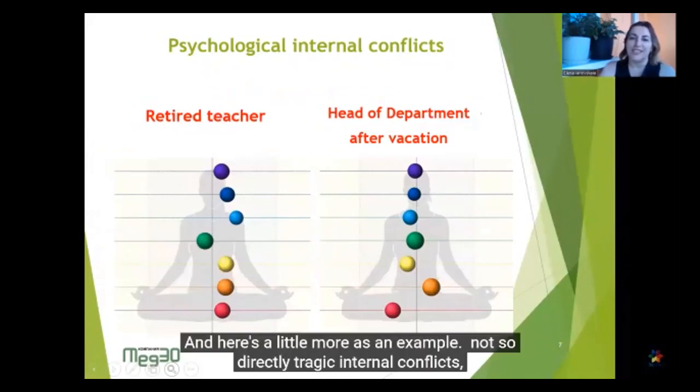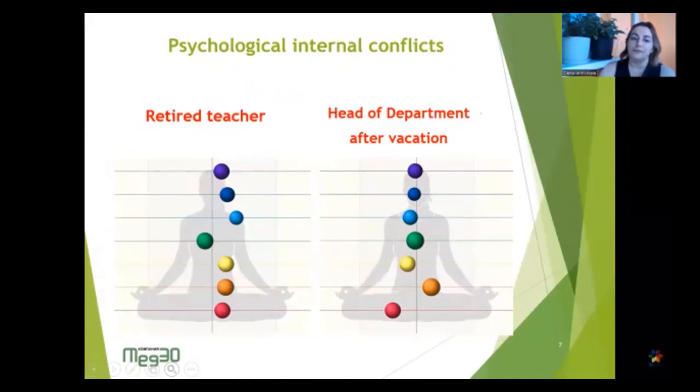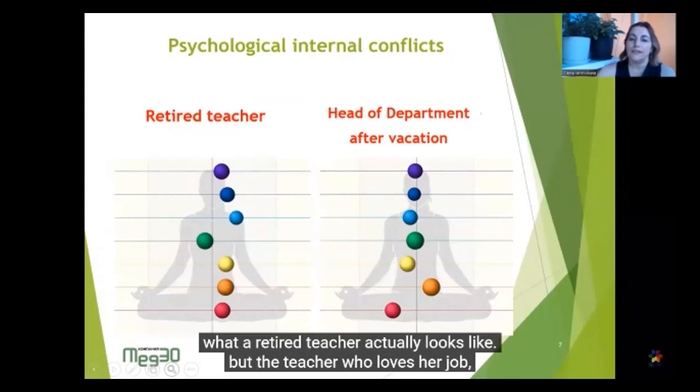And there's another example, not so tragic, but nevertheless very interesting. On the left, we have a picture that shows us what a retired teacher actually looks like, a teacher who loves her job very much.